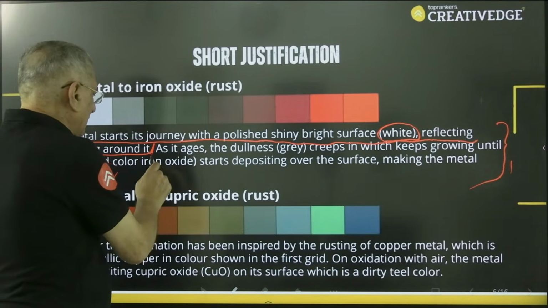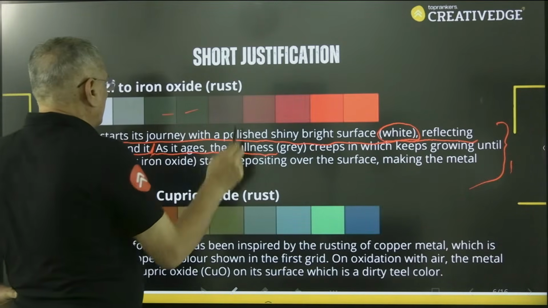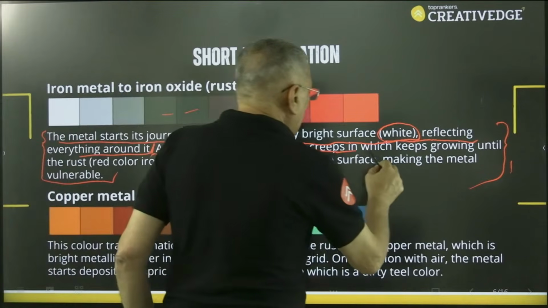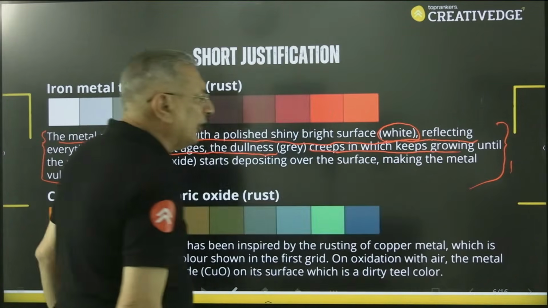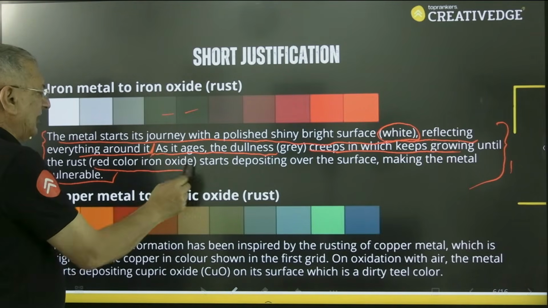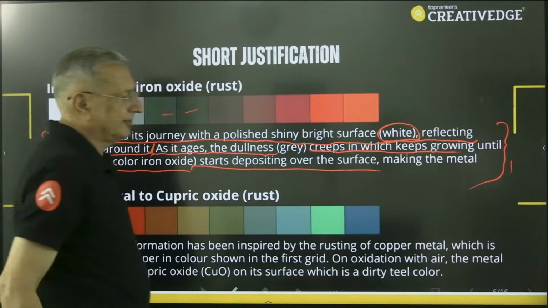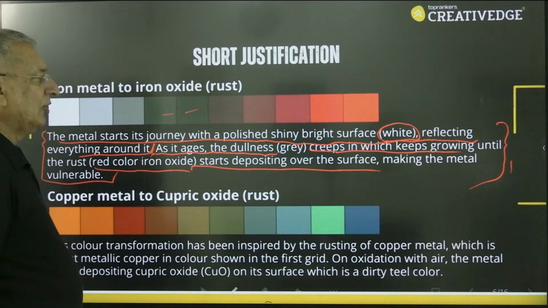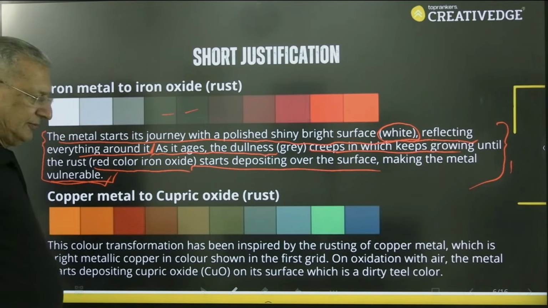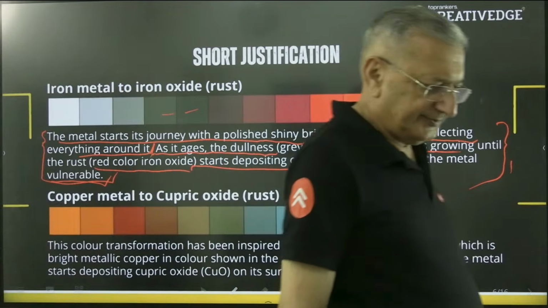As it ages, the dullness, gray color creeps in, which keeps going until the rust, red color iron oxide, starts depositing over the surface, making the metal vulnerable for breaking or weaker.